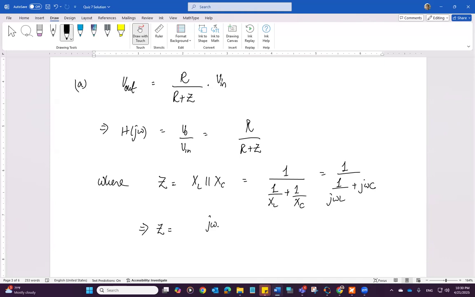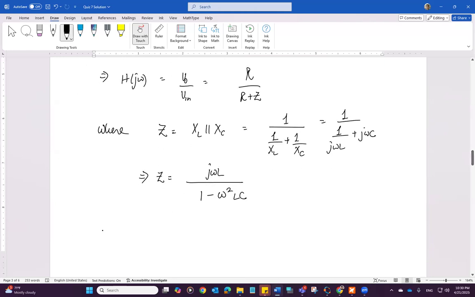So j omega L divided by 1 minus omega square LC. That is my Z.